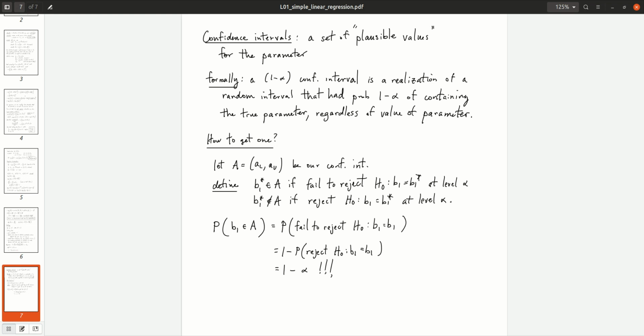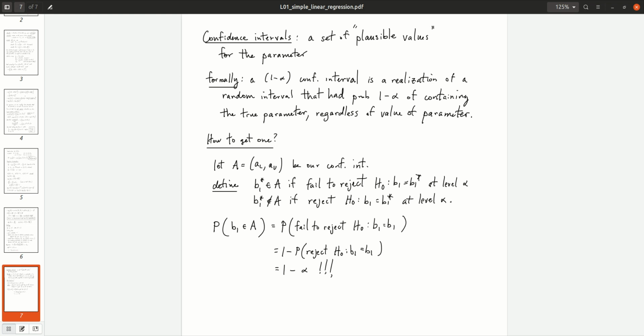Now, when you see someone talk about a confidence interval, in your head, what you should be thinking is that a confidence interval is a set of plausible values for the parameter. So if I say, here's a confidence interval for B1, it's from minus 0.5 to 2.0, then anything inside of that interval, like 1.2, is a plausible value for the parameter B1.